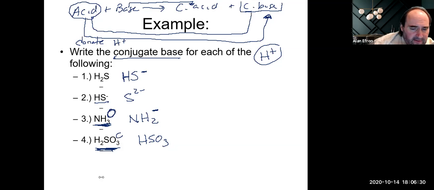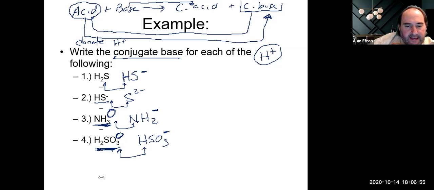Same deal: no charge becomes one more negative, ending at -1, HSO3 minus. Both of these are related to each other by the difference of just one H plus. Any questions on those?